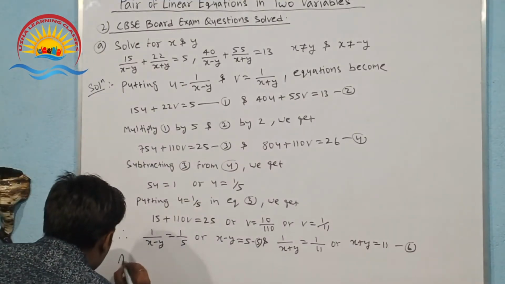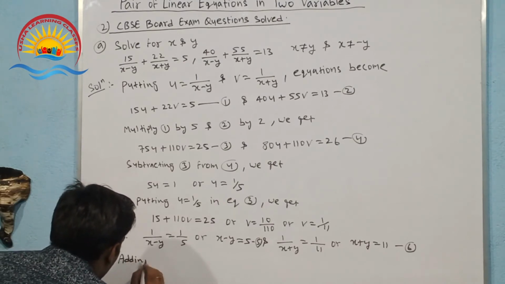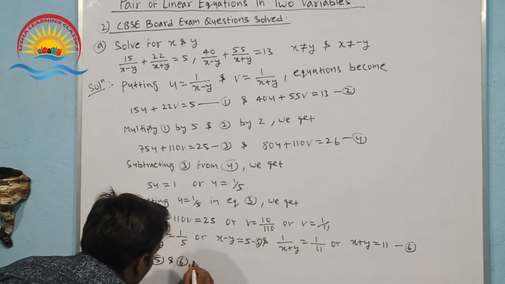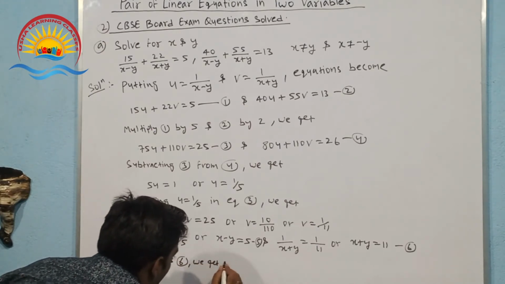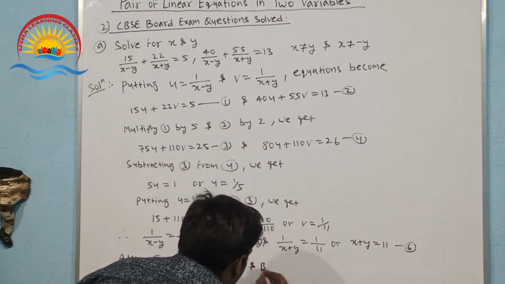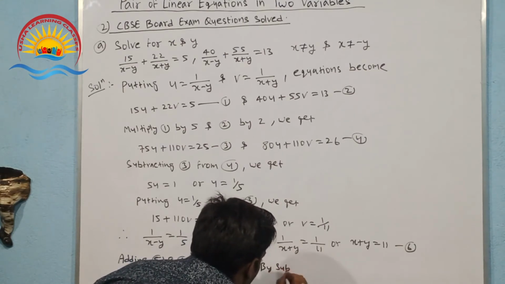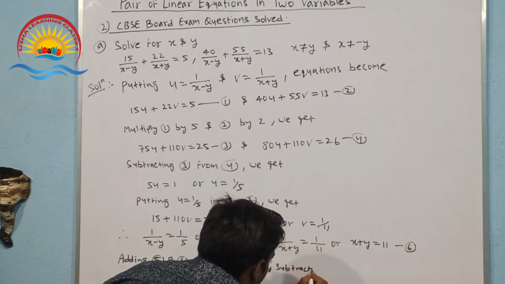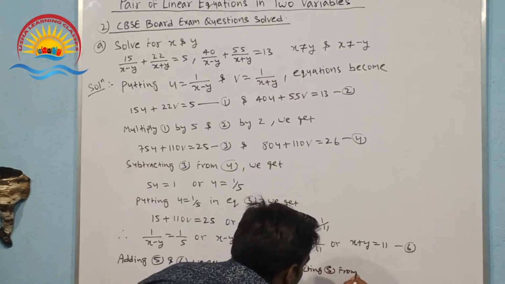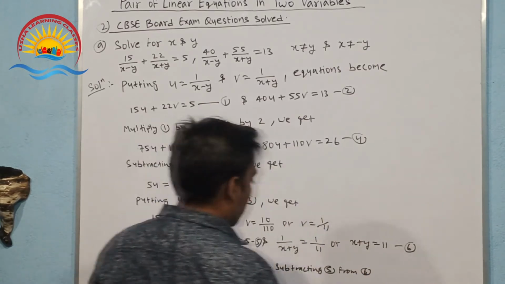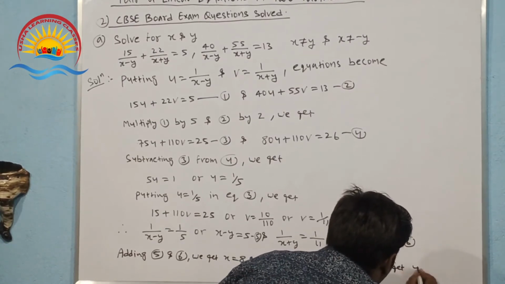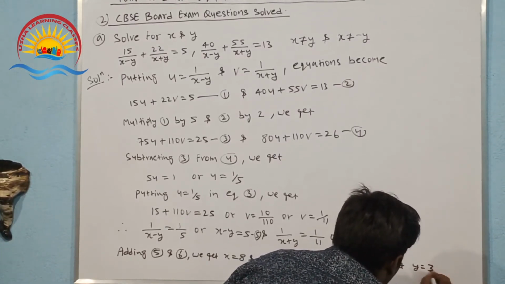Now adding equations 5 and 6, we get x equal to 8 and by subtracting 5 from 6, we get y equal to 3.